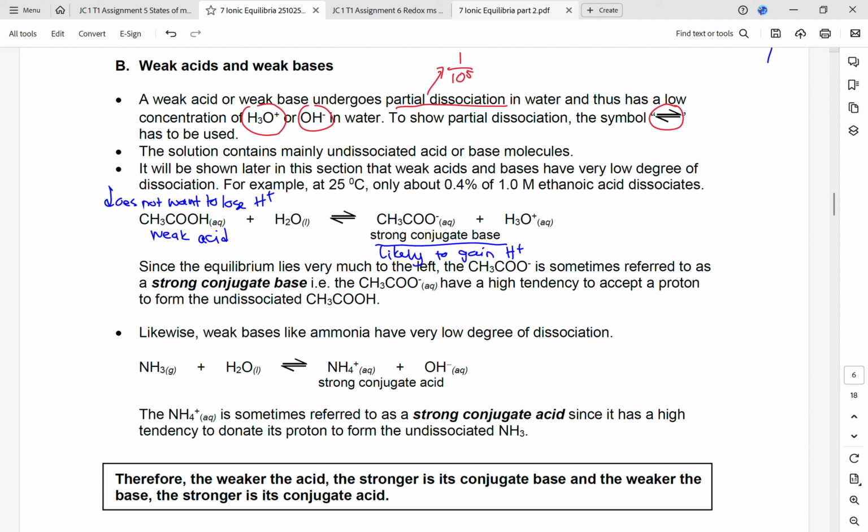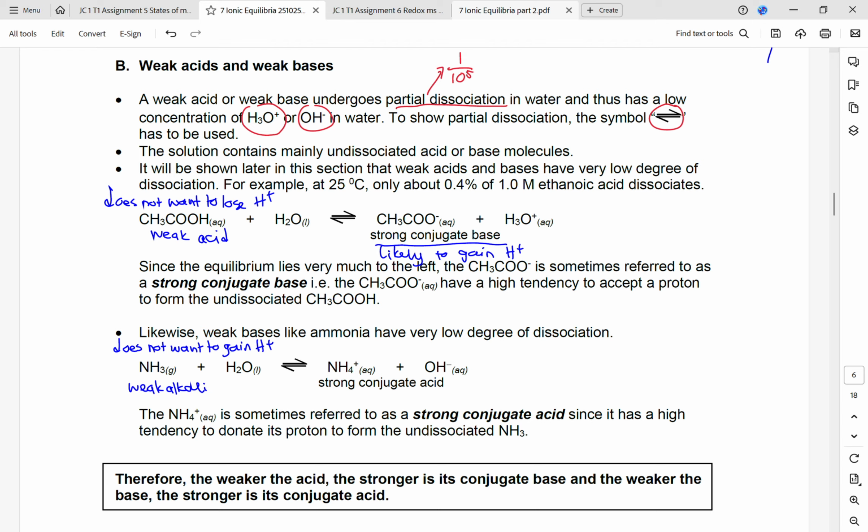Okay? Similarly with ammonia. Ammonia is a weak alkali. Meaning what? Meaning it really doesn't want to interact with water and release OH minus, or it does not want to gain H plus.